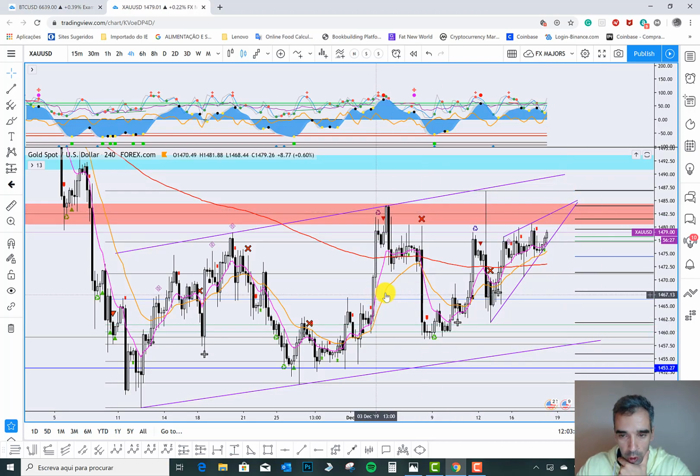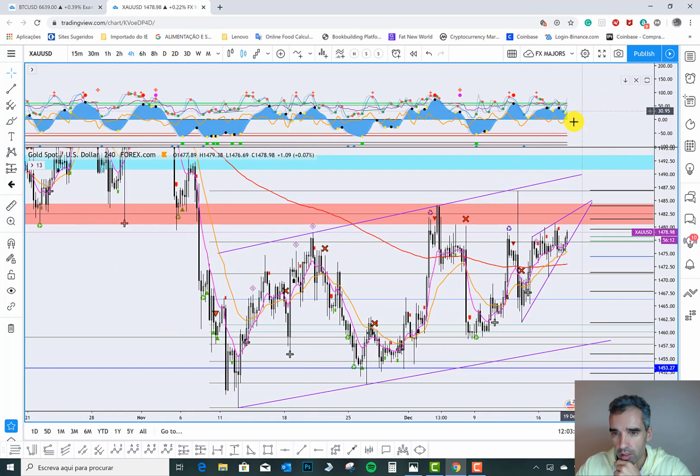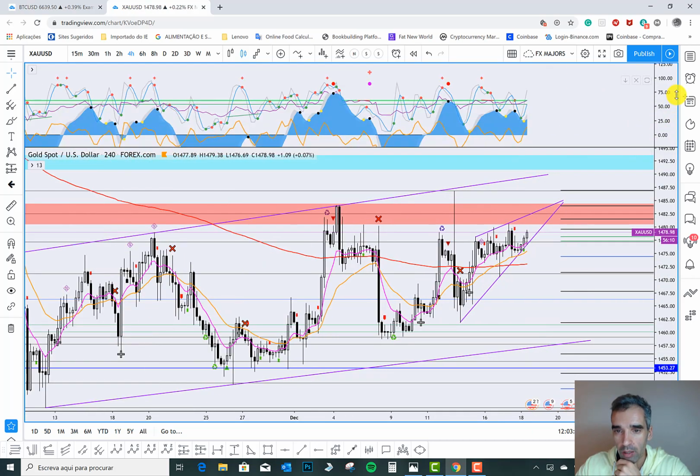That's what I'm expecting in the short term. Maybe a small pullback and then continuation, or going up until this level here to this resistance line and then continuation. We'll see. For now we have our VAP going up. We have all indicators working fine.